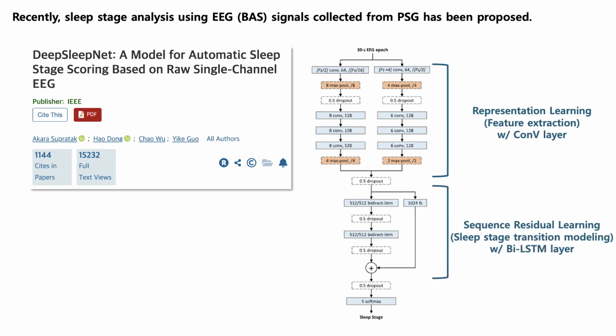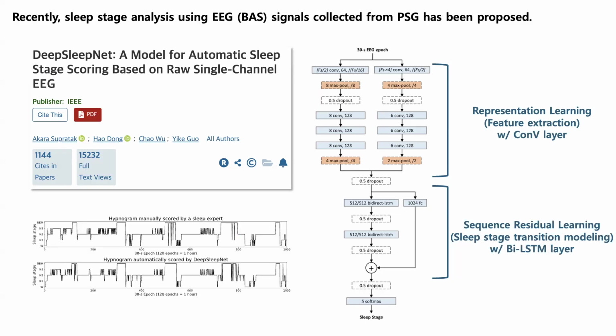After that, in the bottom part, they do sequence residual learning, or sleep stage transition modeling, using a bidirectional LSTM layer. After that, this model can figure out the sleep stage like this.